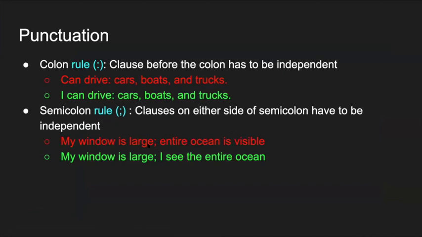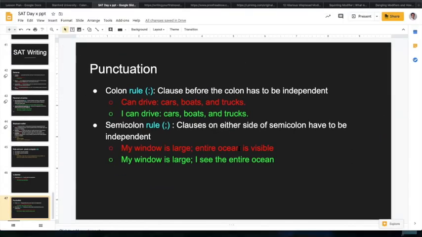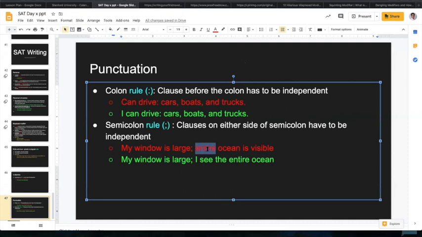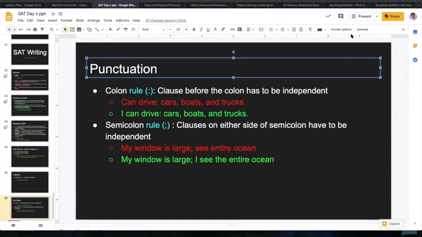So my window is large, is independent, okay? Entire ocean is visible. Or actually, I think this is independent. Okay, this is incorrect.